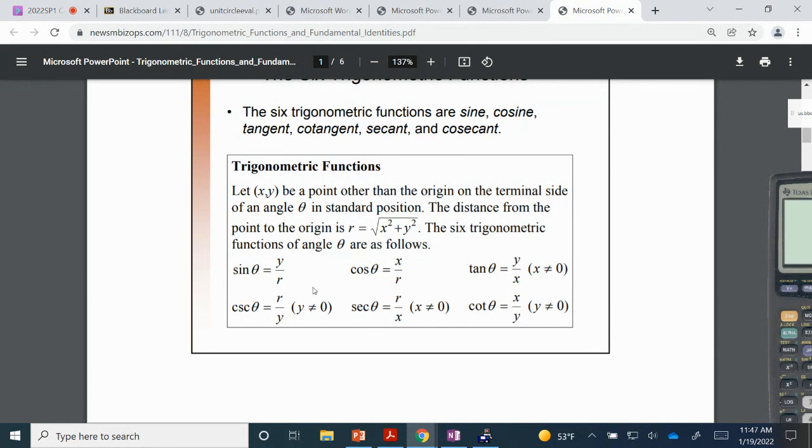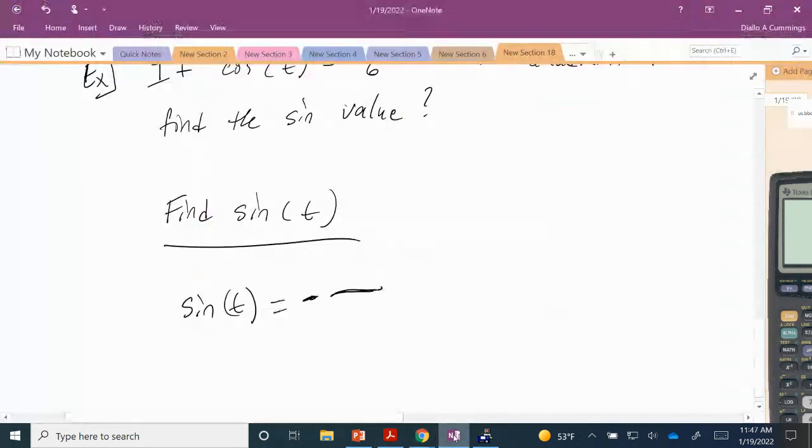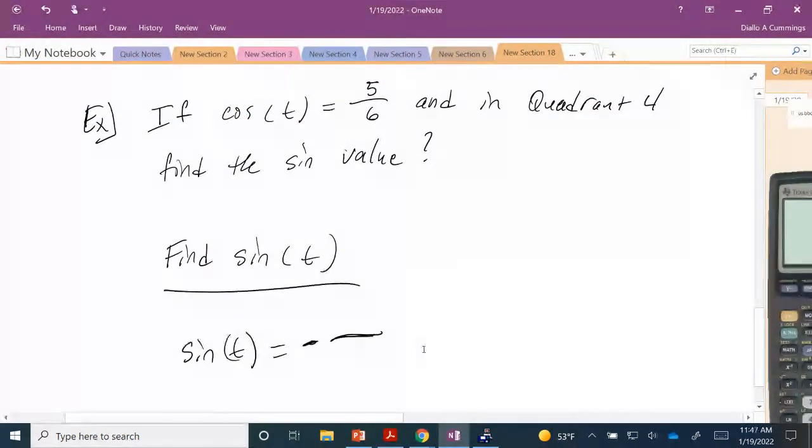All right, so we're looking for the sine, so we need the y value and we also need r. So how do I find the y value and how do I find r? We'll notice that we were given that the cosine of t is equal to 5/6.